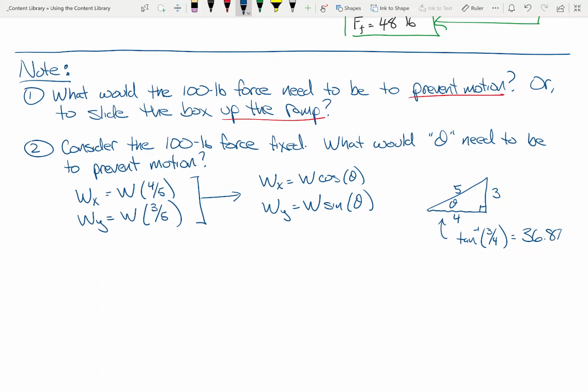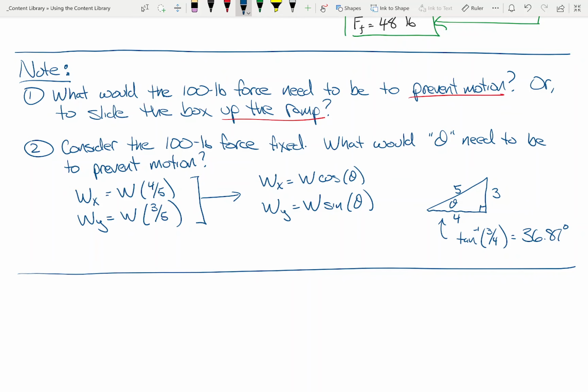You'd think I remember that, but I make it a point not to deal with the angle because I just deal with the 3 and the 4. So what I'm saying with this problem is that at 36.87 degrees, the box slides down the hill.